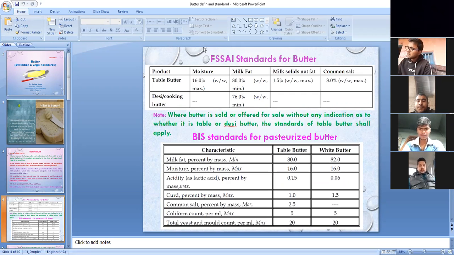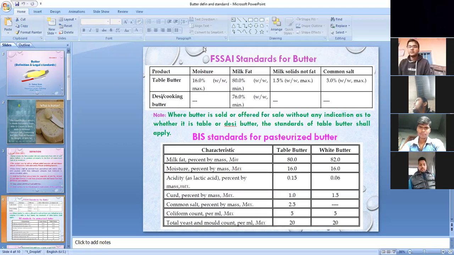Similarly, the yeast and mold count, as most defects in butter come from yeast and mold, should not be more than 20 per ml in table butter and also in white butter. So with respect to microbial quality, the coliform content and total yeast and mold count remain the same in table butter and white butter.